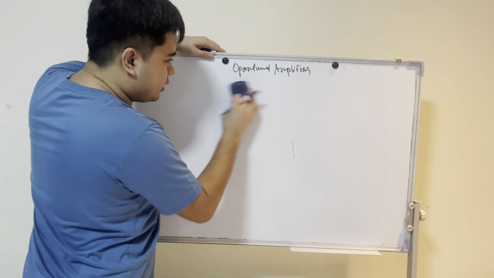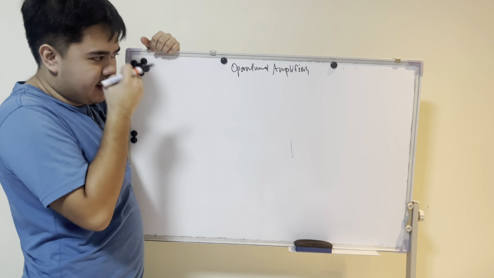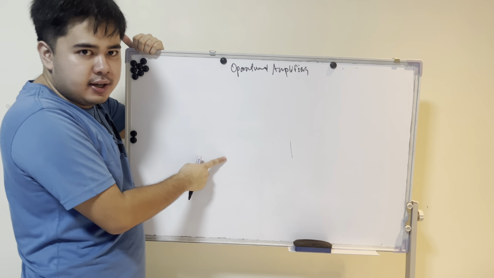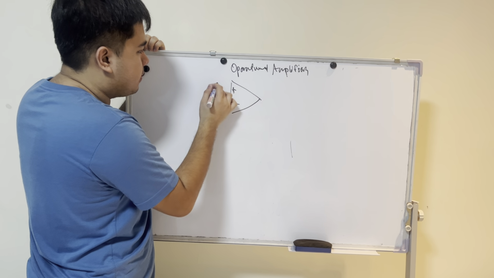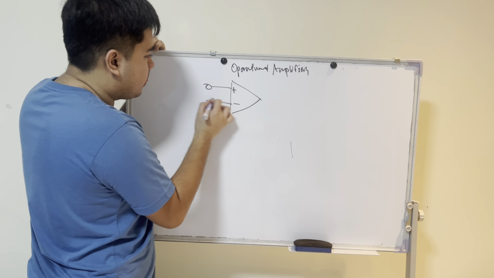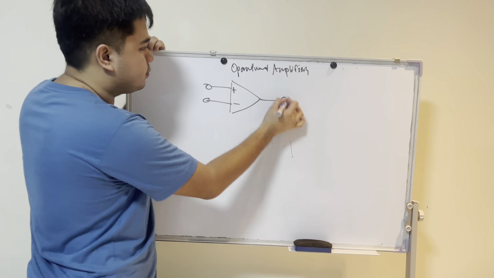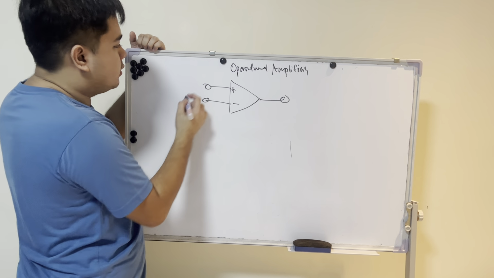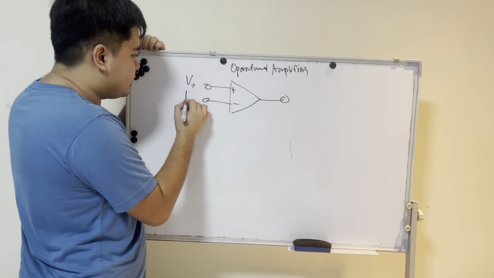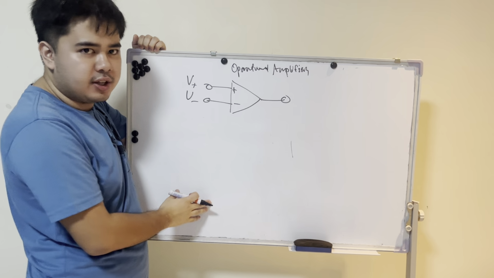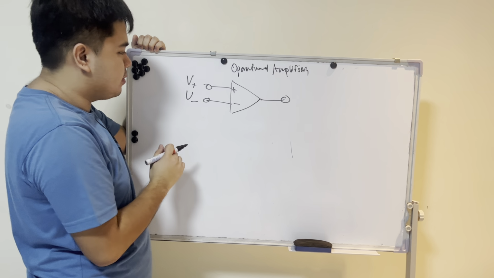Instead of it having only one terminal, it has two. So this is the positive or the non-inverting input. This is the negative or the inverting input.